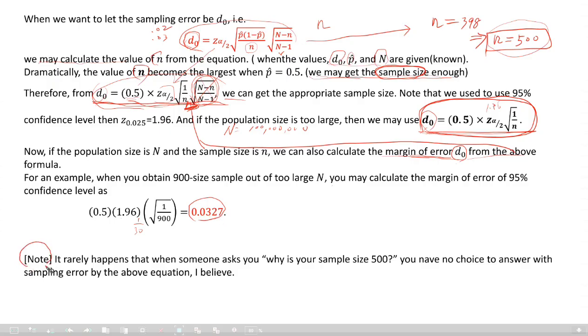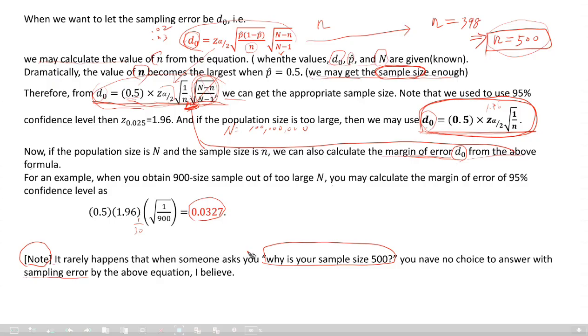Let me answer the previous question. It rarely happens, but when someone asks you, why is your sample size 500 or 900, while presenting your report, you will be embarrassed because it is a very rare question. You have no choice but to answer with the sampling error from the above equation.